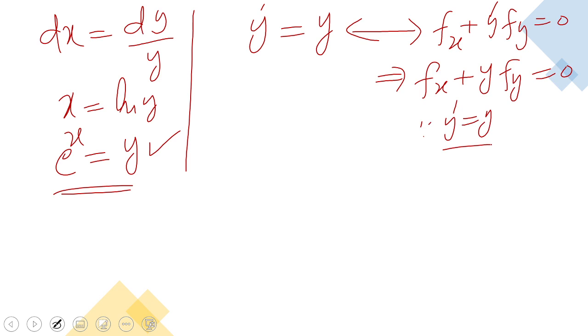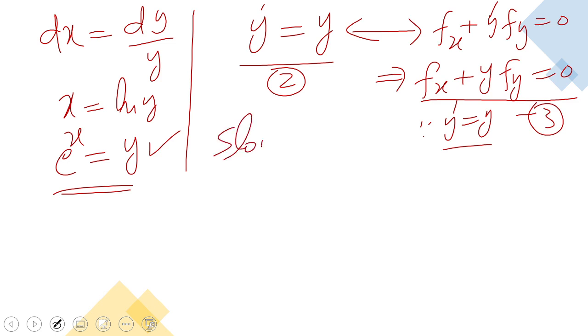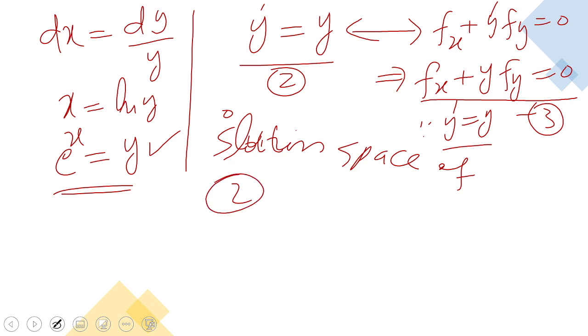So either dealing with this differential equation or this partial differential equation, we have the same solution space. Let me name it: this is equation 2 and this is 3. The solution space of 2 and 3 is the same.